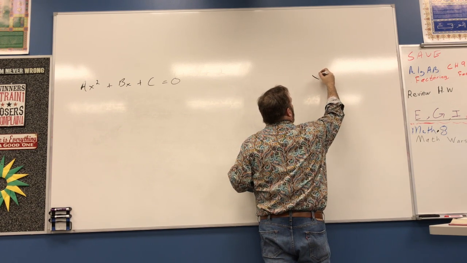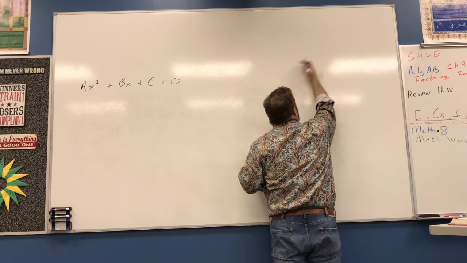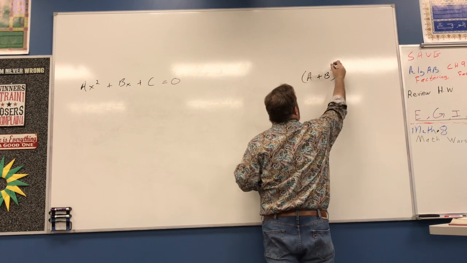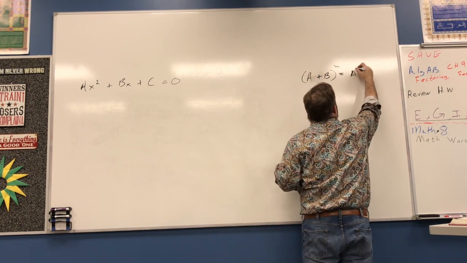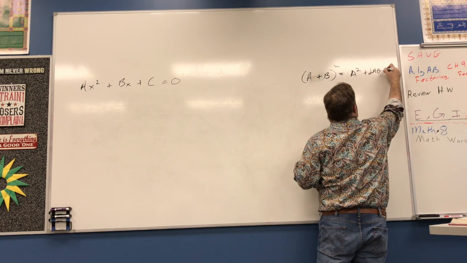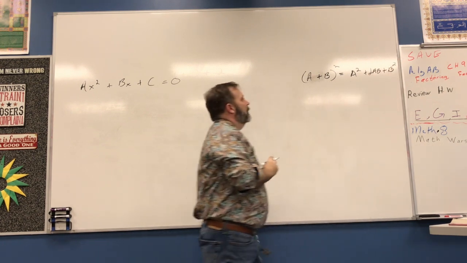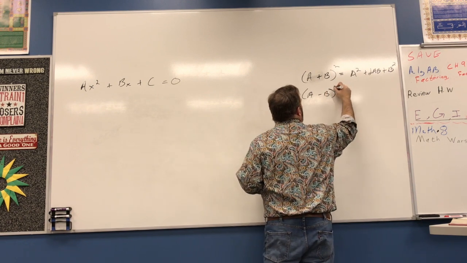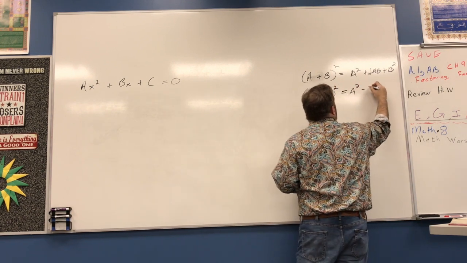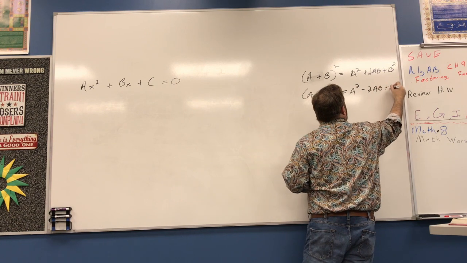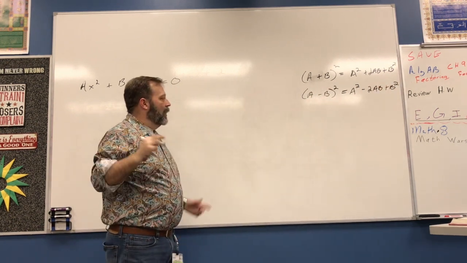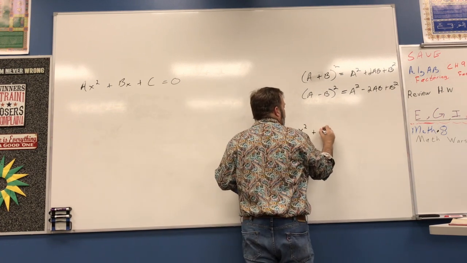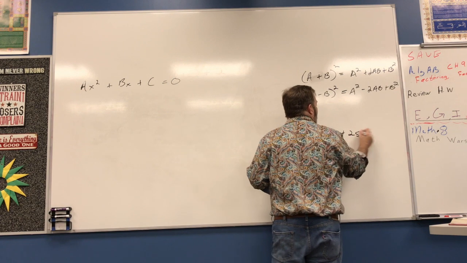That one also looked like this one. In other words, if I got something that looked like this, x squared plus 10x plus 25.